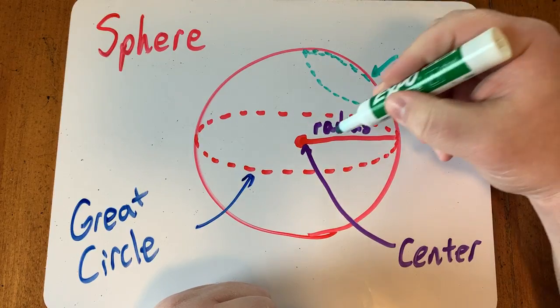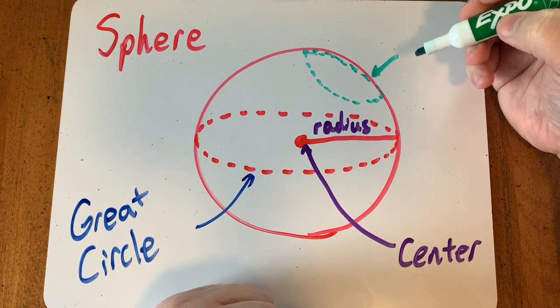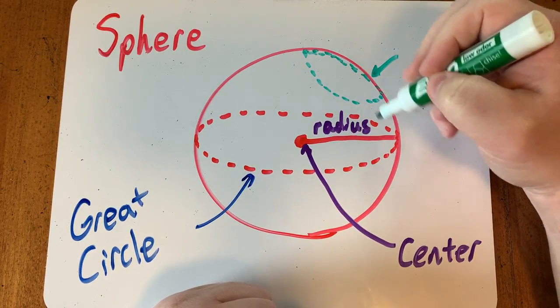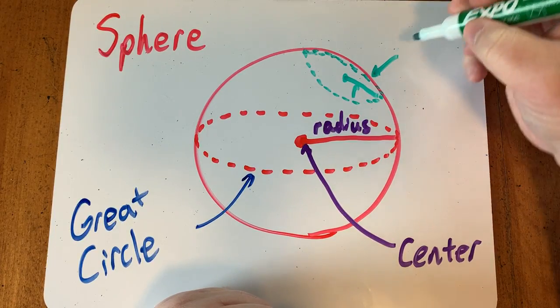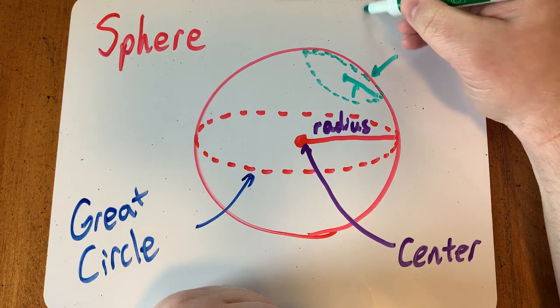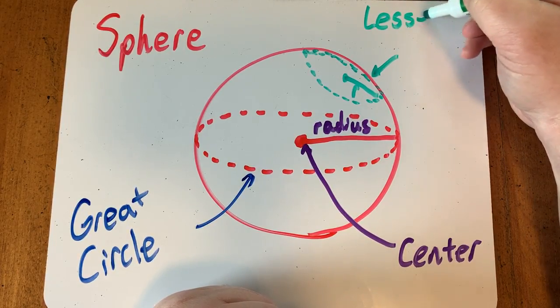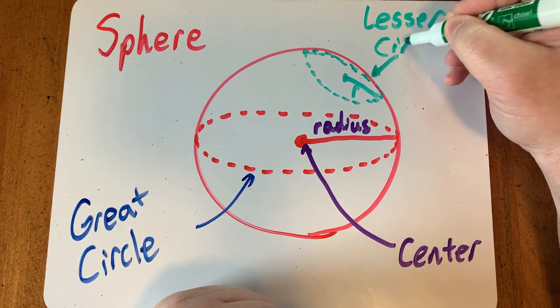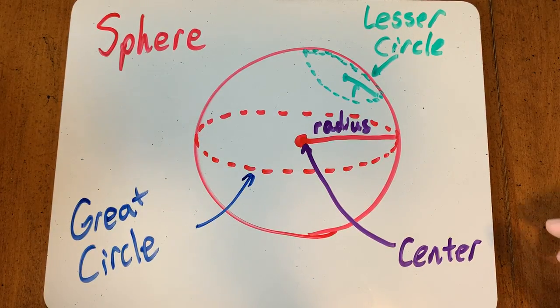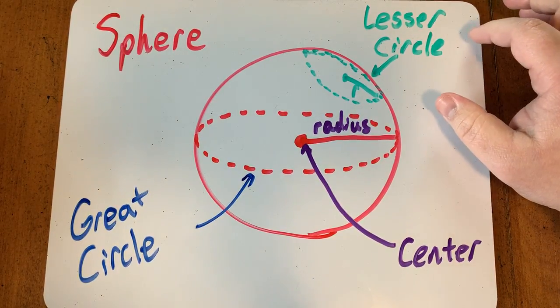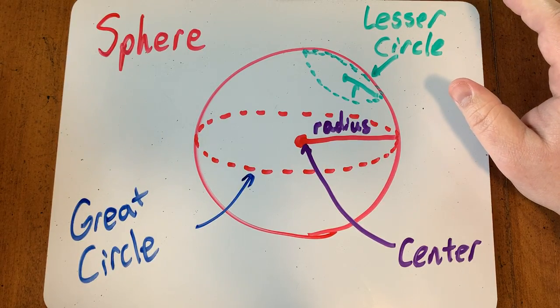A circle that does not have the same radius as the sphere is going to have a smaller radius. So since it's smaller, these are called lesser circles. There are an infinite number of great circles. There's an infinite number of lesser circles. We're not going to do much with the lesser circles, but they do exist.